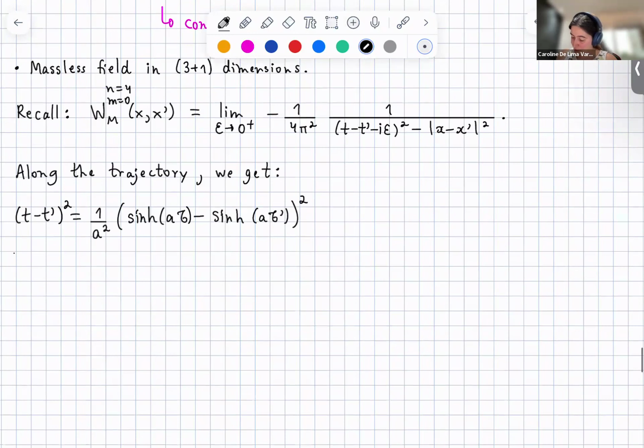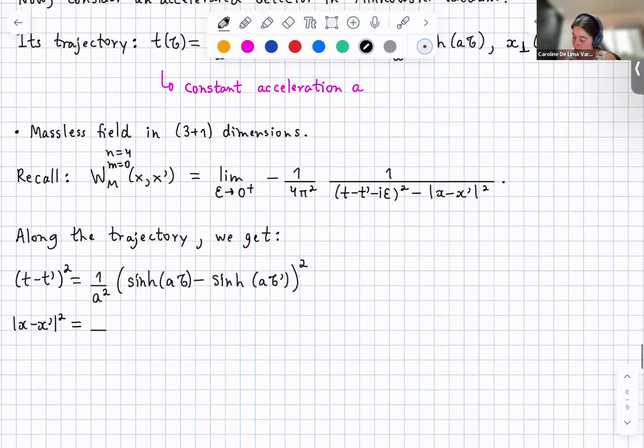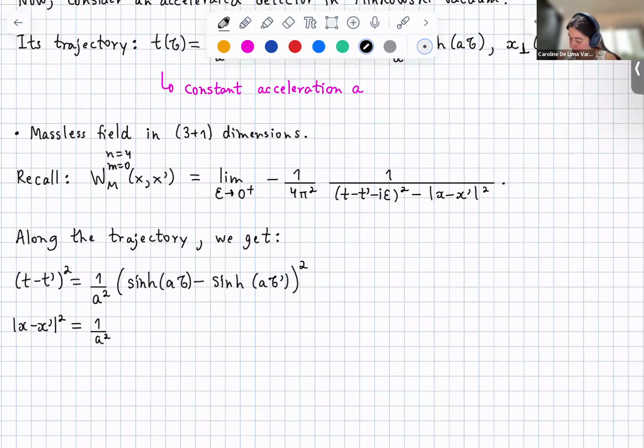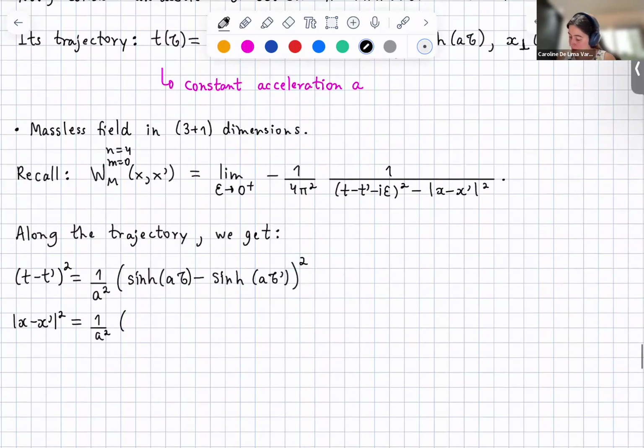And then for the spatial part, what I have is also 1 over a squared, but this time we have cosh: cosh of a tau minus cosh of a tau prime.